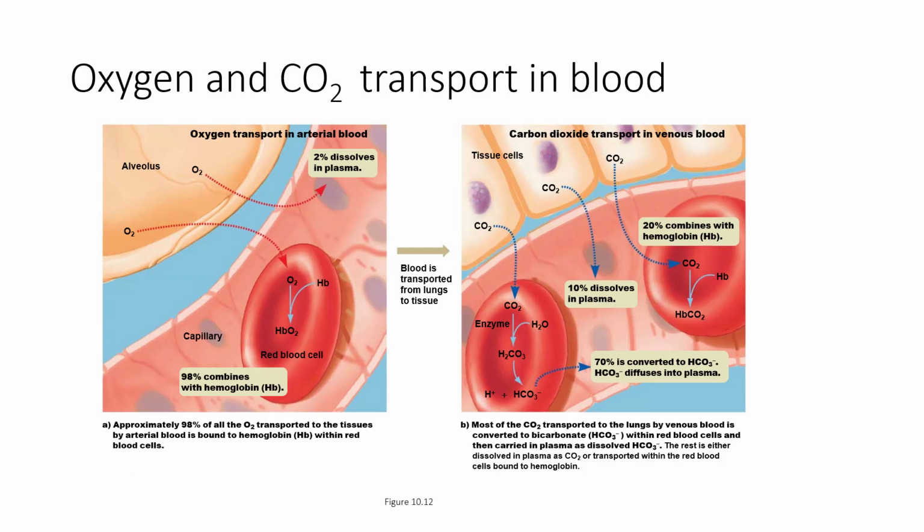About 10% in plasma, about 20% combined with hemoglobin, and about 70% goes into the blood and then is turned into bicarbonate, HCO3, which dissolves into plasma as an ion. And that gets a little more complicated, but basically this is one way that carbon dioxide is transported, and that HCO3 minus actually does have a proton that it gives up, so that does make the blood a little more acidic when you have a lot of CO2 in there.